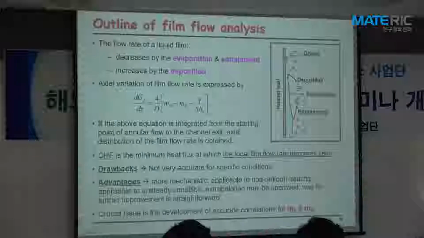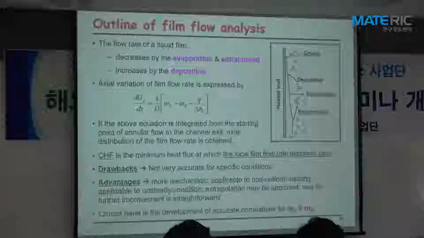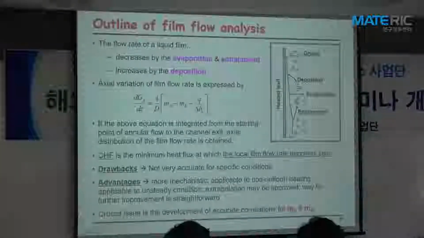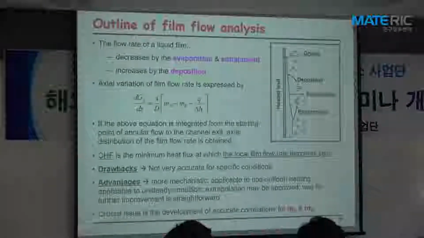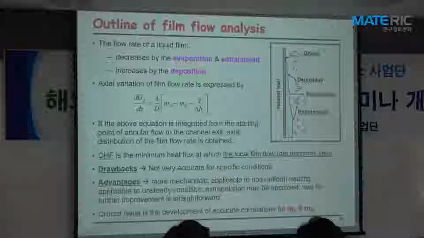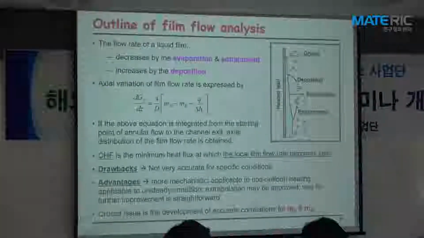But in this model, the mechanism is included. Therefore, even if the condition is slightly different, if the mechanism is similar, this model can be applicable. So the features of the models are a bit different between the empirical correlation and this kind of mechanistic model.